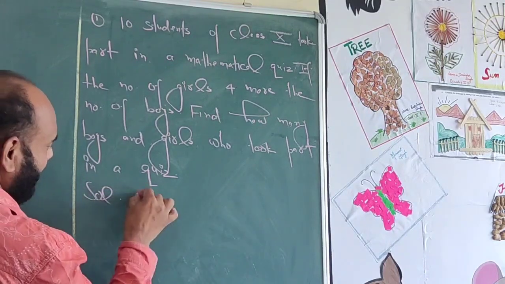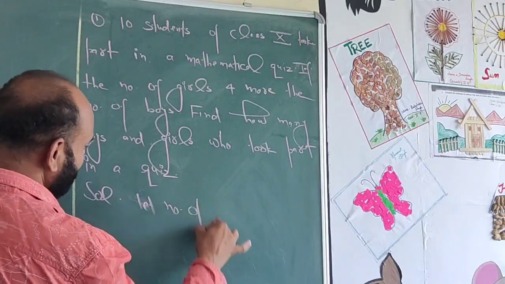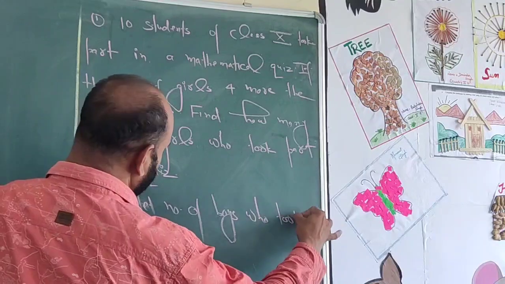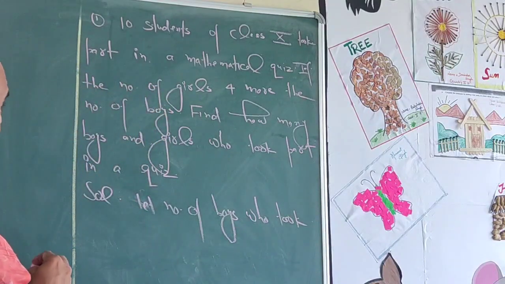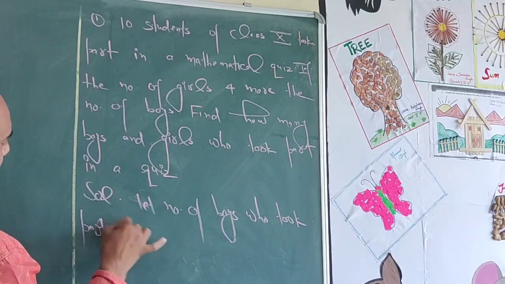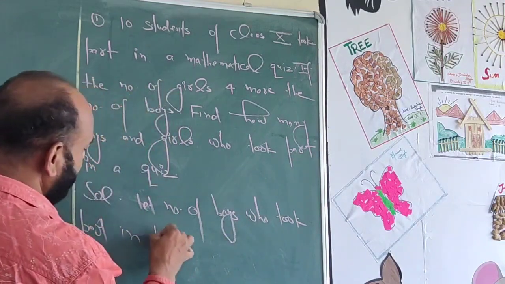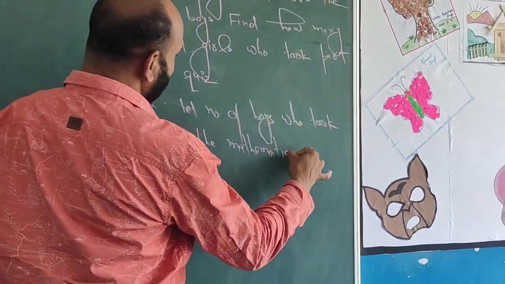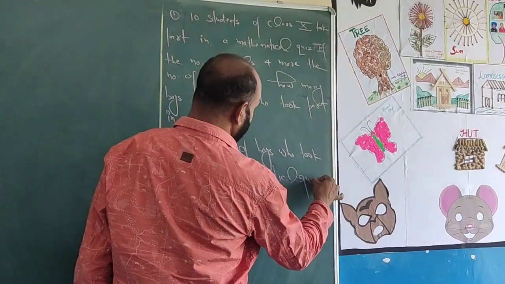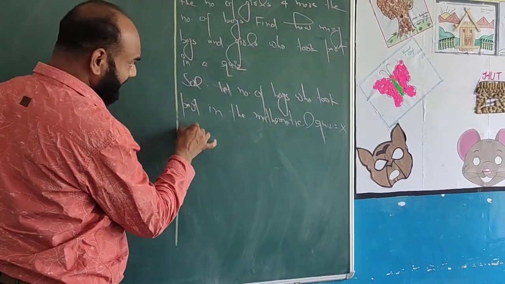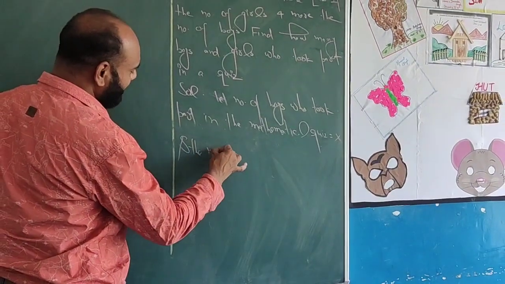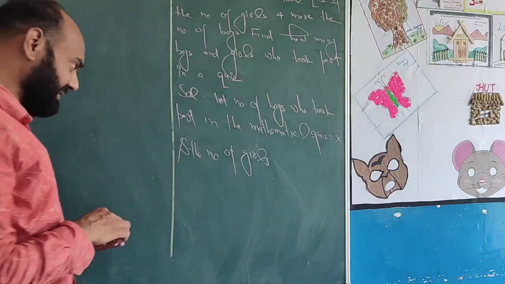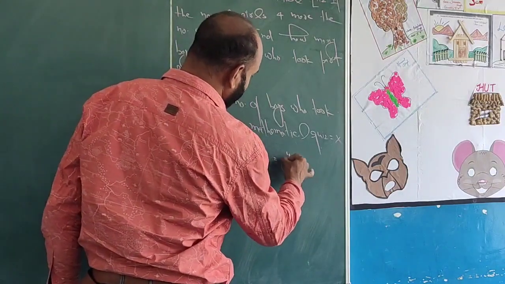Let the number of boys who took part in the mathematical quiz be x, and similarly the number of girls who took part in this mathematical quiz be y.